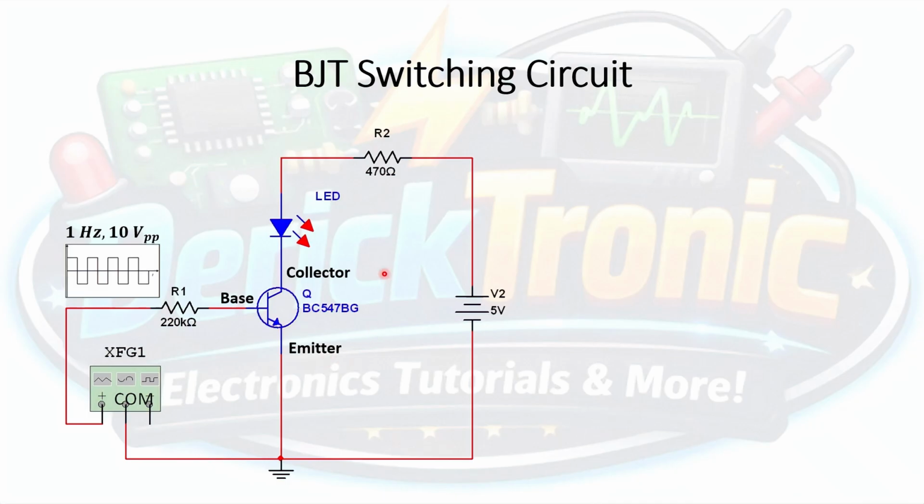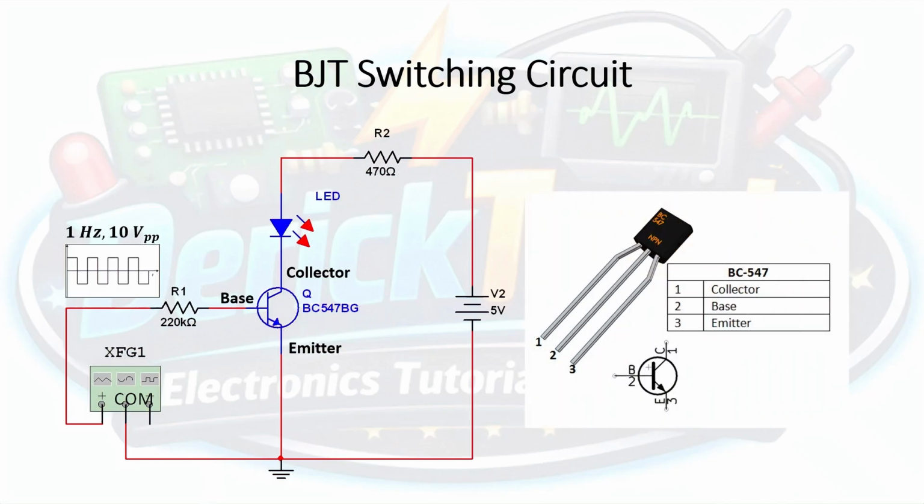And as far as the BC547 is concerned, since we know the part number of the transistor already, shown here on the right side of the slide is the pin configuration of the BC547. Just like in the previous video, with the front face or the flat face of the transistor facing you, we numbered the pins as follows.